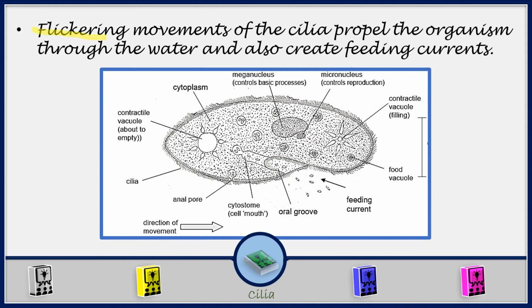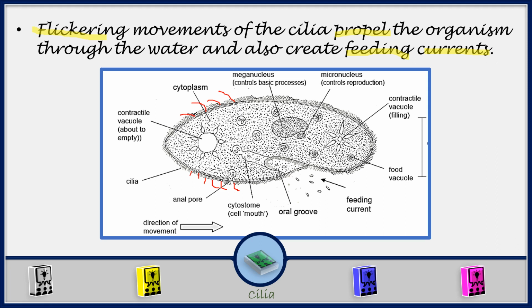Frequent movements of the cilia propel the organism through water and also create a feeding current. So we are looking at the frequent movement, the movement of the cilia. As the cilia are moving, their movement is the one which is going to propel the organism to move through the water.